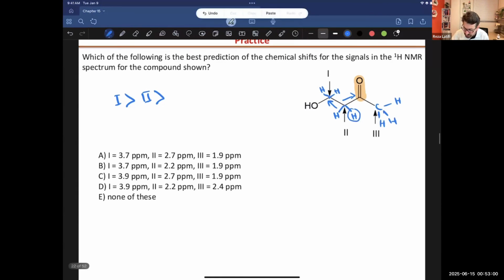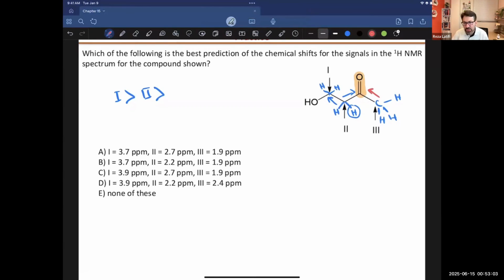But how about carbon number 3? The only thing pulling is the carbonyl. So we have only one force, the carbonyl, which is the same one as for carbon number 2. But carbon number 2 has another induction effect, from the OH. So number 2 is going to be second, and next it will be number 3.